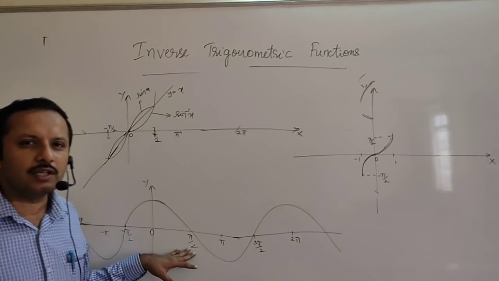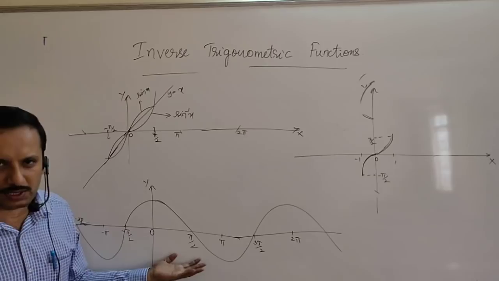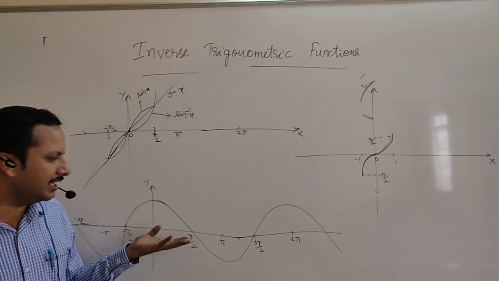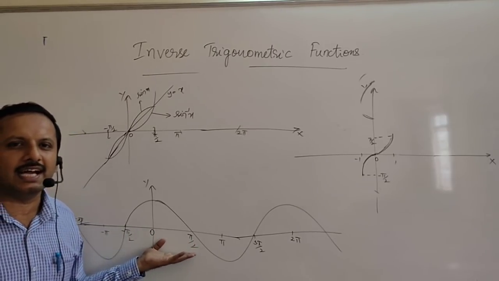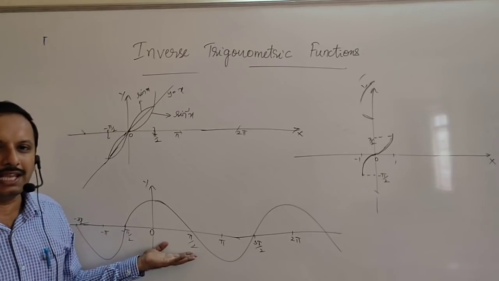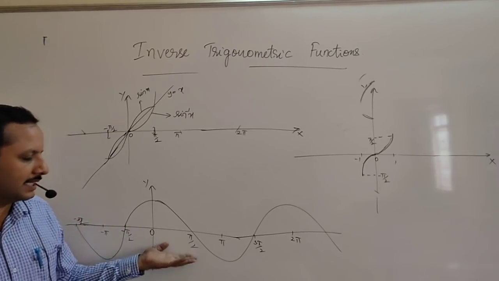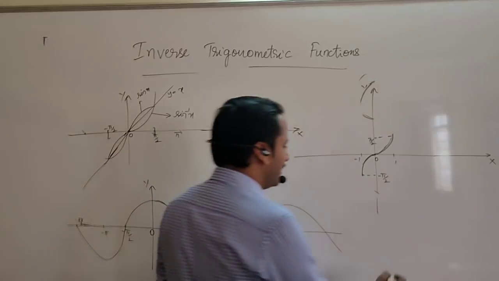Now, if you try to draw the graph of cos inverse x, that will be the mirror image of this graph with respect to the line y is equal to x. Okay, let me draw it here.